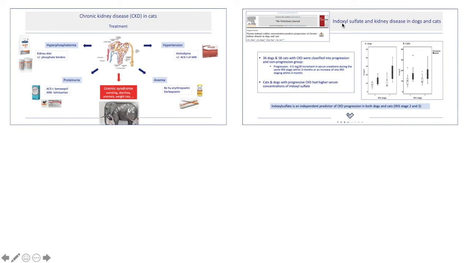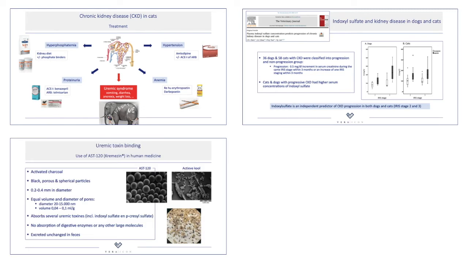We know that indoxyl sulfate is related to the disease, CKD, in dogs and cats, and to progression of disease in CKD, and has numerous effects on very different organs: the heart, bone, and the gut.